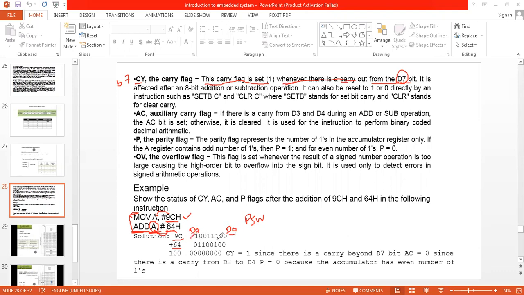Okay, so whenever there is a carry out from D7 bit, what is D7 bit? D7 bit is 1 plus 0. But 1 plus 0 is going to be 0, no?